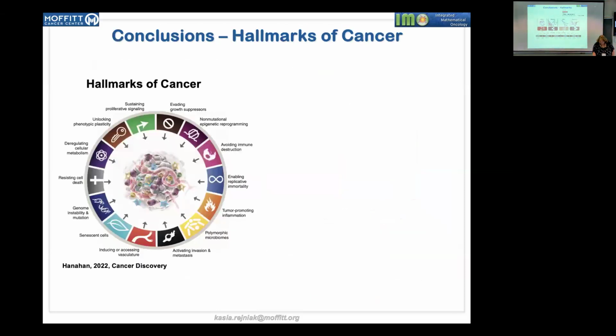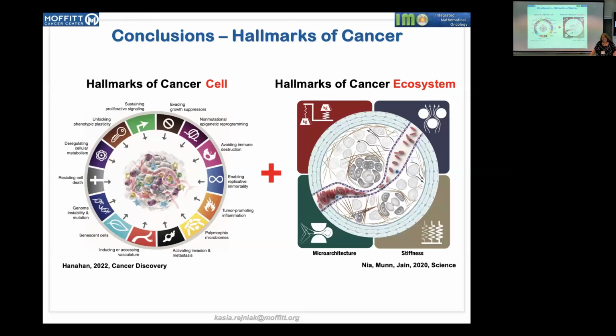So what I would argue is that these hallmarks of cancer that were published are really hallmarks of the cancer cell. And then maybe we need additional hallmarks of the cancer ecosystem. Well, the set of hallmarks then is getting larger and larger.